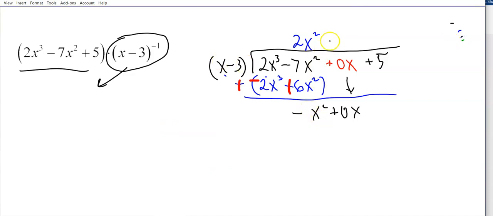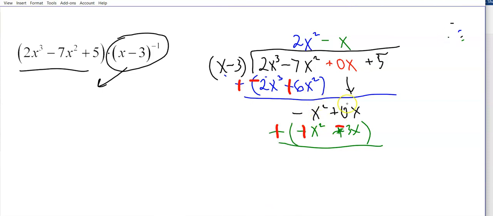X times what is negative x, so minus x. Okay, so we get negative x squared plus 3x, plus because negative 3 times negative x there. We're going to subtract, which means we're going to distribute that, and that's going to become a negative 3x there.